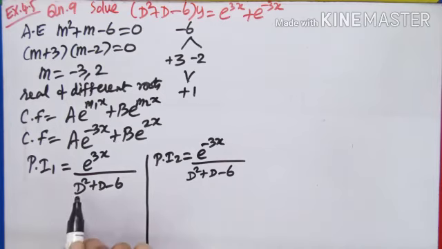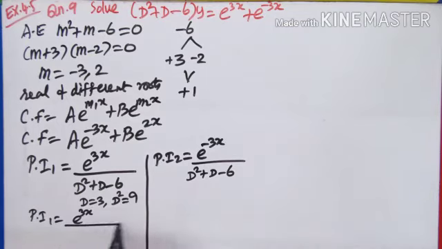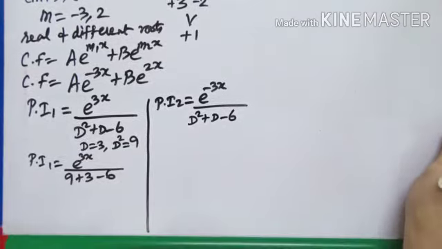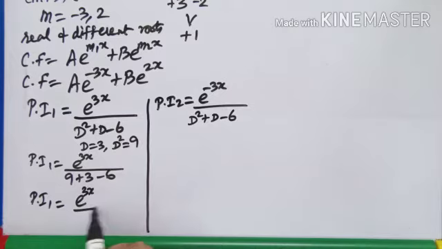If I substitute 3, denominator is not 0. So I can substitute. D is 3, d square is 3 square, that is 9. As I substitute, I get e power 3x by 9 plus 3 minus 6. Or I simplify and I get PI1, particular integral 1 is e power 3x by 6.